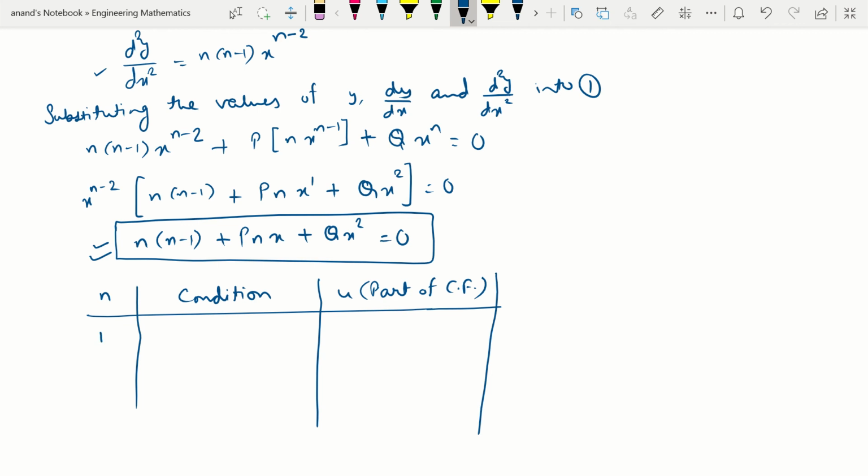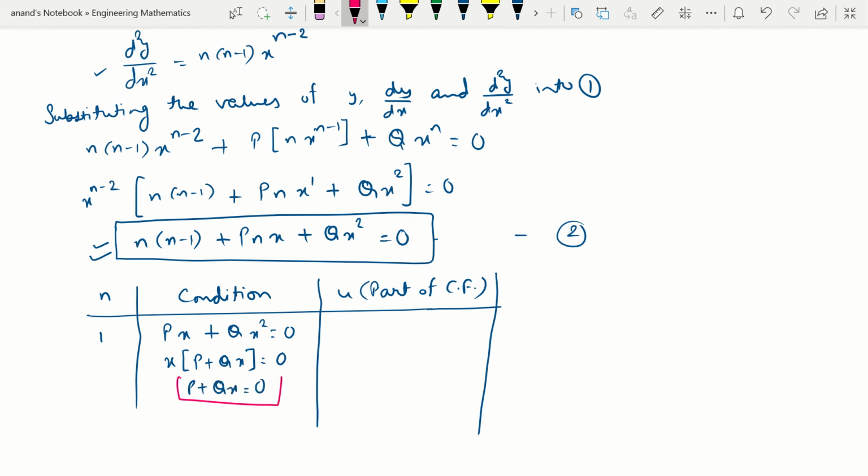Putting n as 1 into the condition, let us mention this as equation number 2. So we get px plus qx square equals to 0, or we can take x as common and obtain p plus qx equals to 0. So in short, the condition will be p plus qx equals to 0.